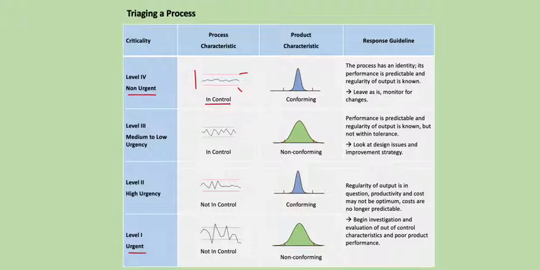Here we have a process that appears to be in pretty good control. The second aspect is how well it conforms to requirements, so here we might have specification limits. Here's a very idealized distribution of the output, and it seems to be conforming pretty well. This falls into the camp of, hey, if it ain't broke, don't fix it. So in this situation, you'd probably want to leave it as is and maybe just monitor for any changes coming down the road.